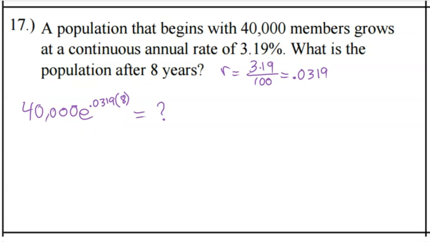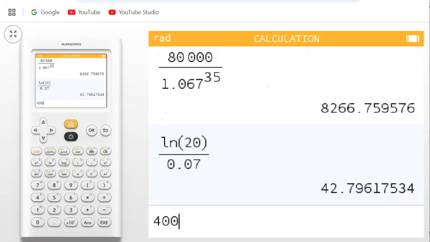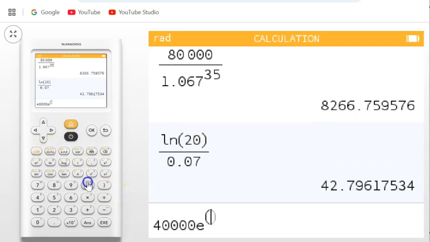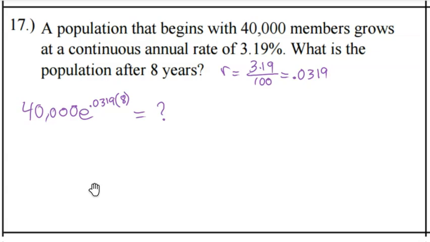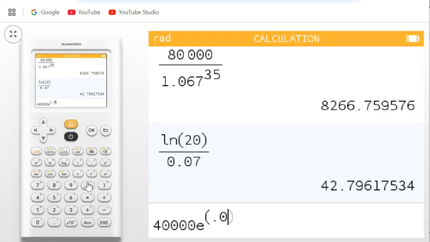So 40,000 e to the power of 0.0319 times 8. And then just press enter.